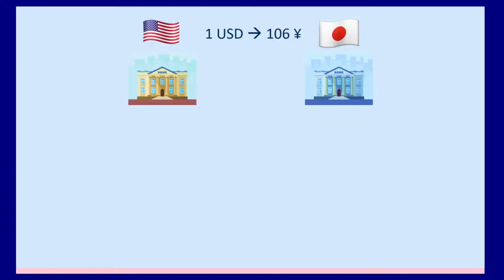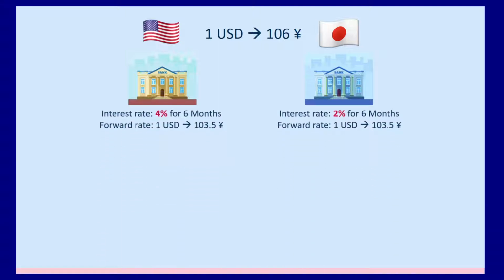And you go on their website and you see the following offer. The interest rate for 6 months, let's say you bring your money to the bank for 6 months, is 4%. Or if you borrow money for 6 months, it's also 4%. 4% interest. In Japan, interest rate levels are lower. Interest rate is only 2% for 6 months.